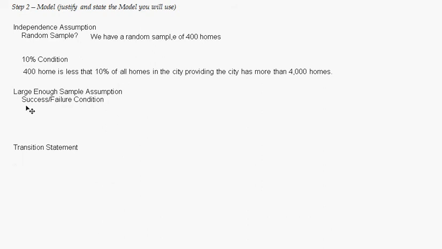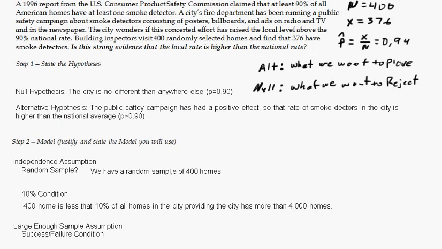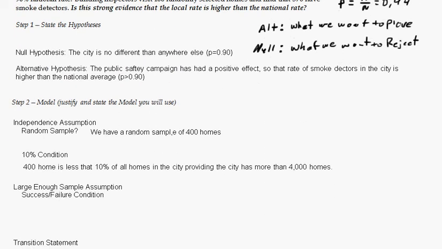Okay, now the success failure condition. This one I want to talk about a little bit. Throughout this test, the thing that you have to remember is that the null hypothesis implies the model.